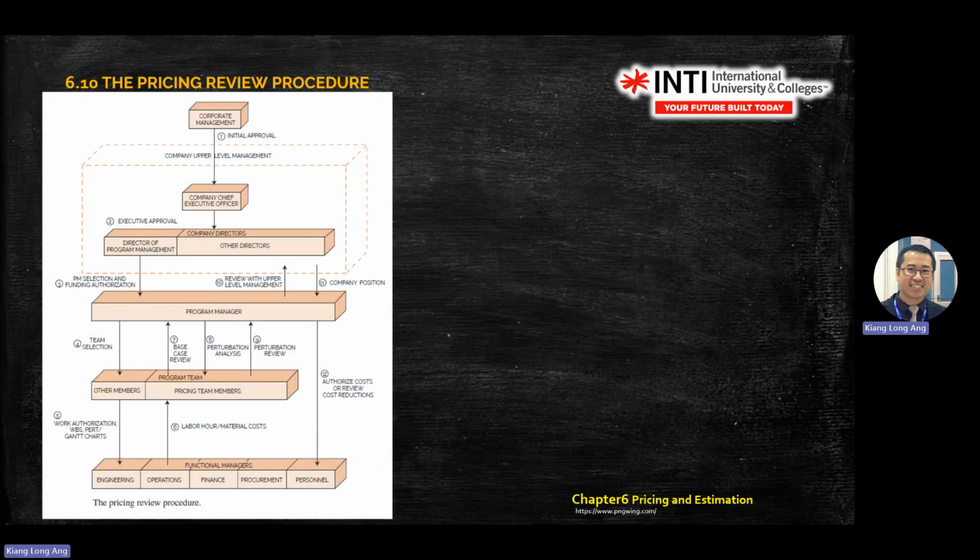Pricing review procedure, this one is also important because it's a chart that you can draw and explain. So this one you go and read. It has a few main characters: management, CEO, program manager, then team member, and the functional managers.